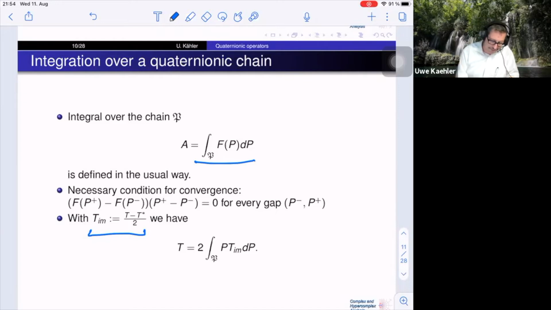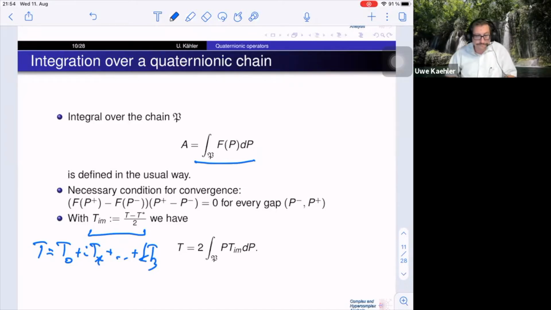So if t is given as t0 plus i t1 plus j t2 plus k t3, then this part would be just the vector part. If you go for Clifford-valued operators, then of course it's a little bit more. It's not just the vector part.